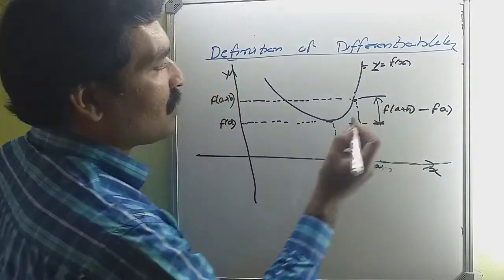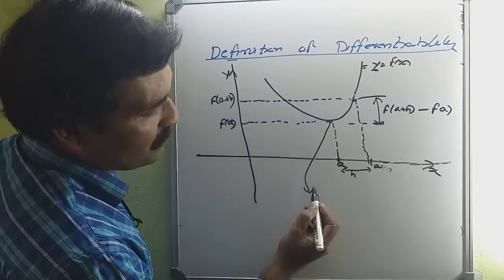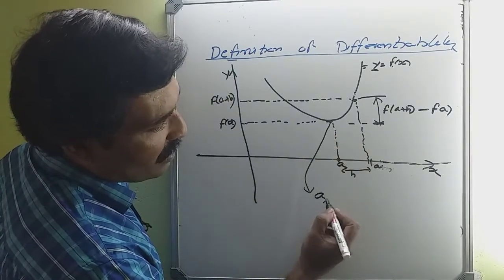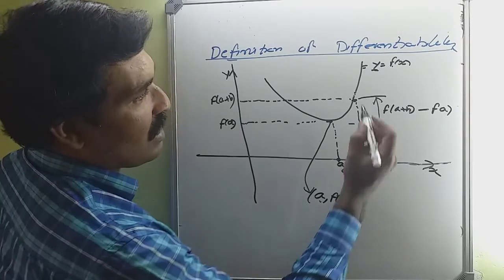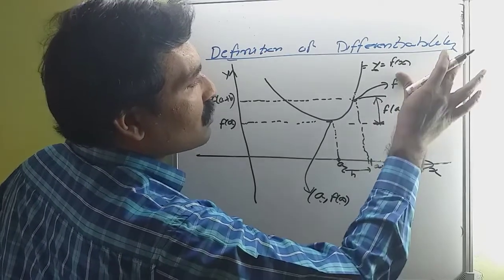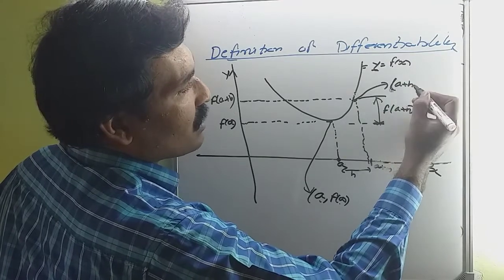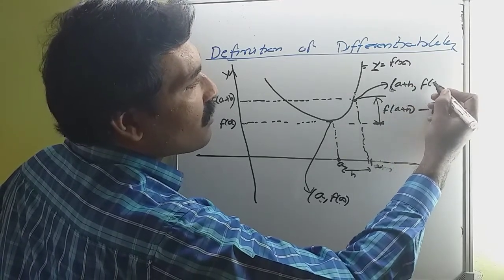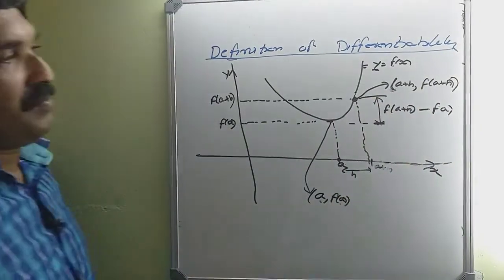The coordinates of this point are a comma f of a, and the coordinates of this point are a plus h comma f of a plus h.